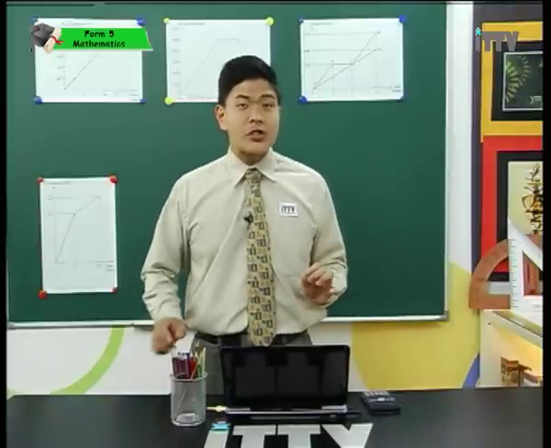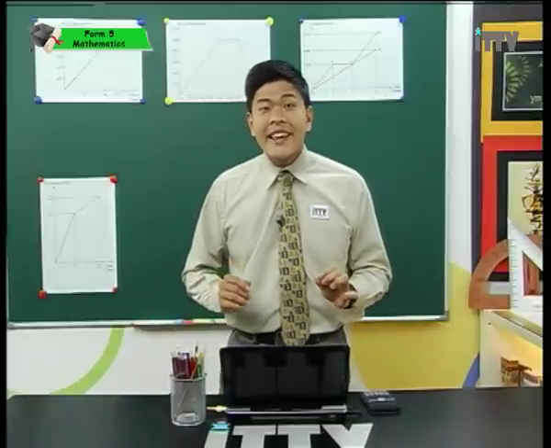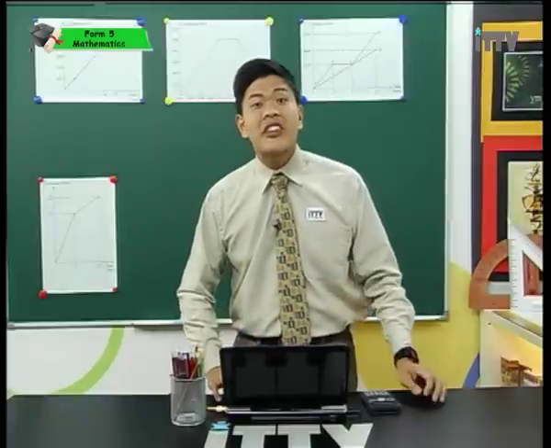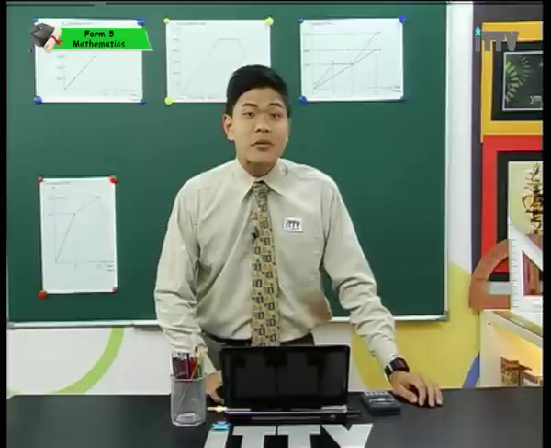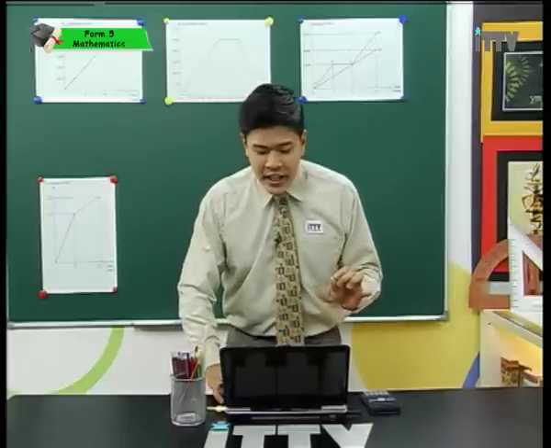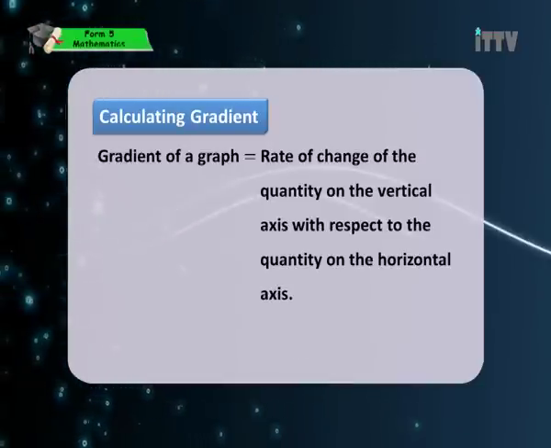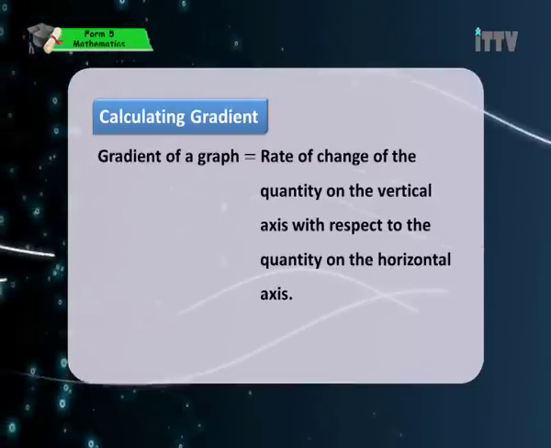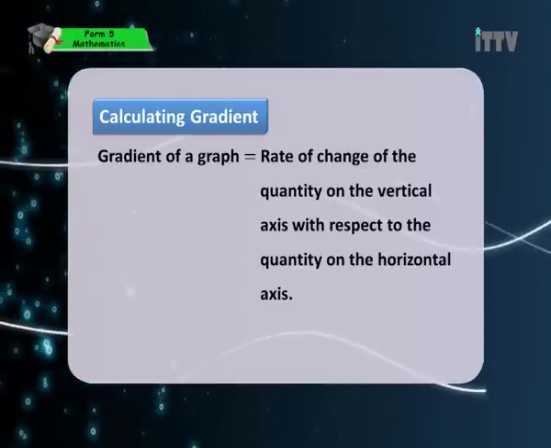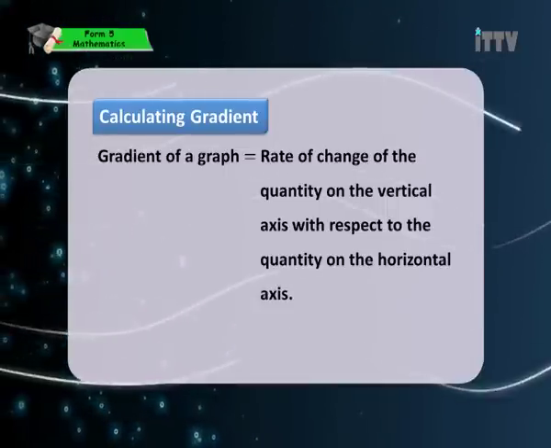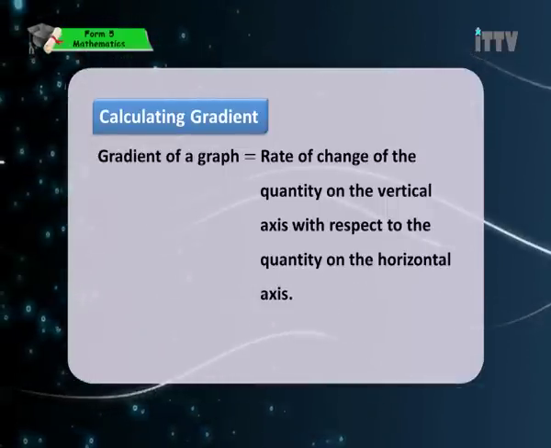But now, do you guys know that the gradient can represent a certain meaning, especially when it relates to certain types of graphs? So let's take a look at the next point. Gradient of a graph is also equal to the rate of change of the quantity on the vertical axis with respect to the quantity on the horizontal axis.